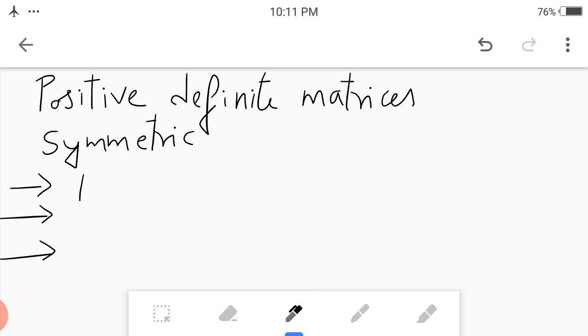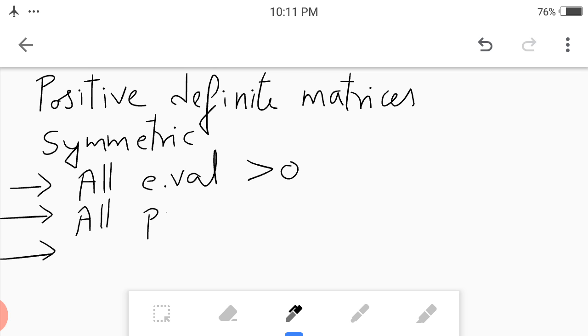Okay, so the first point would be all eigenvalues should be greater than 0. Yes, and all pivots. What can you conclude for the pivots? We have already seen the number of positive eigenvalues and the number of positive pivots will be the same.